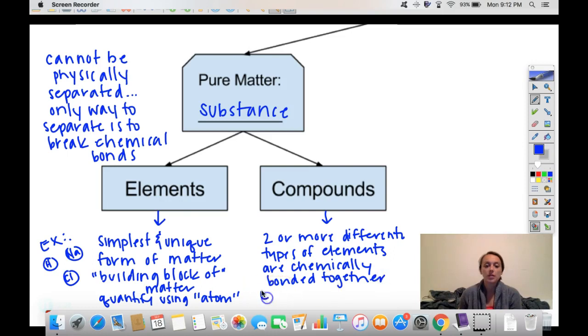So for example, we can have sodium chloride or table salt, where it's 1 atom of sodium bonded to 1 atom of chlorine. Or we can have a water molecule, which is 2 atoms of hydrogen chemically bonded to 1 atom of oxygen.